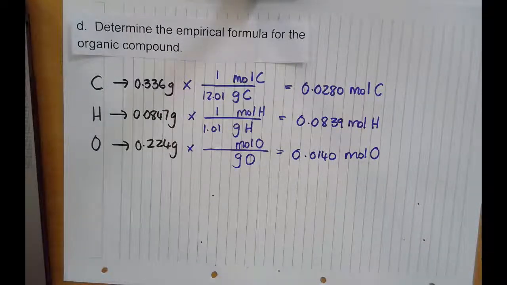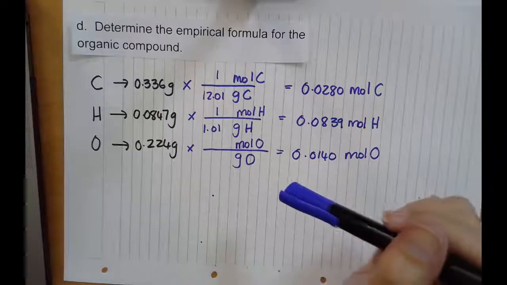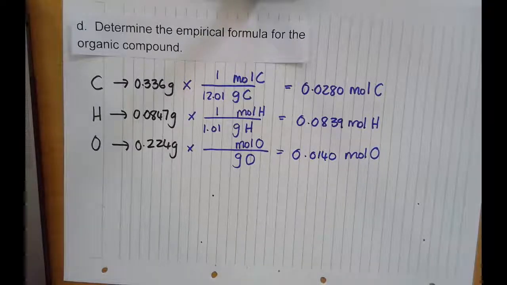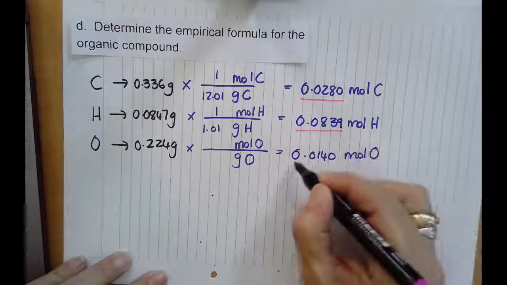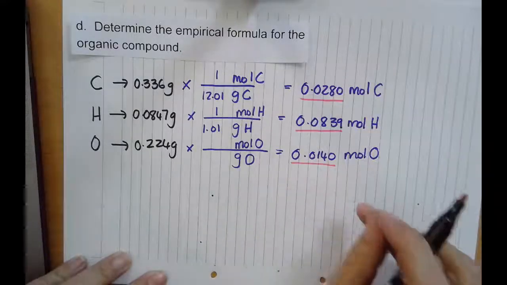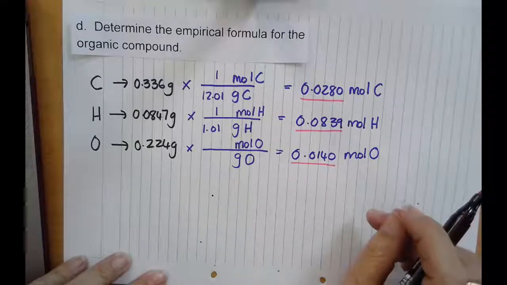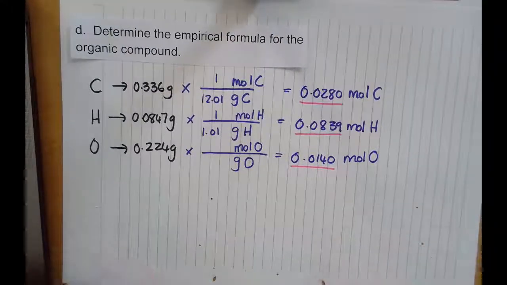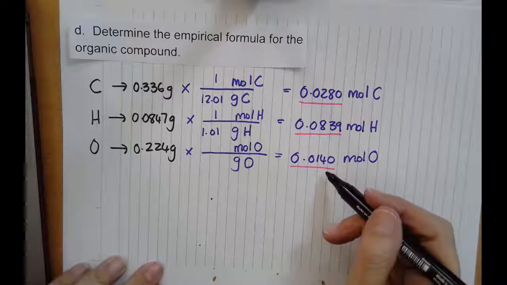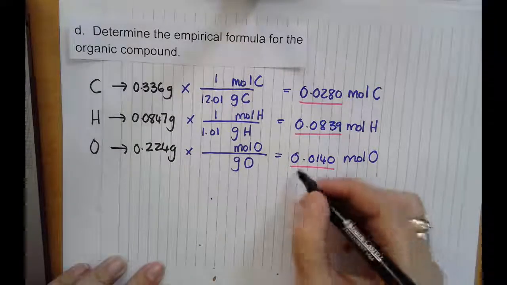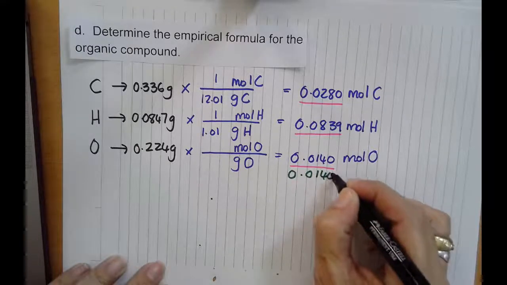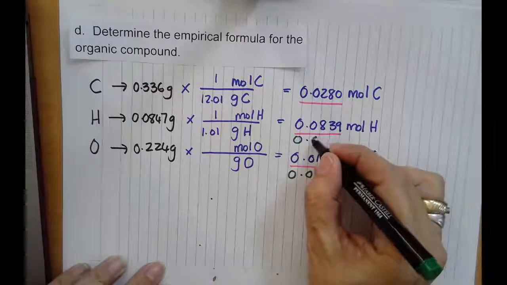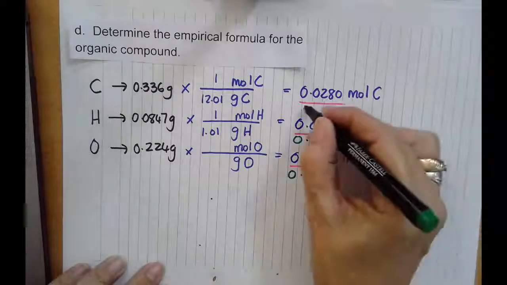In order to determine the ratio that these elements have to each other, I have to divide by the smallest value here. So I'm going to divide all of them by the smallest value, which is 0.0140. I will divide all of them by that value.